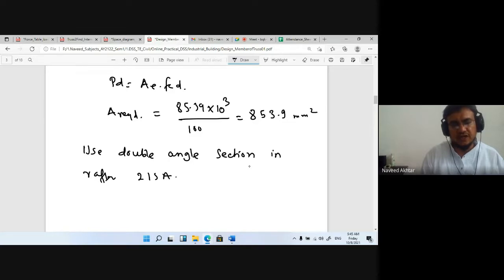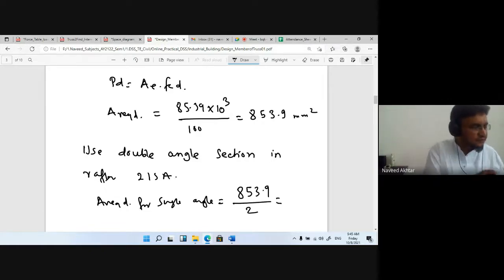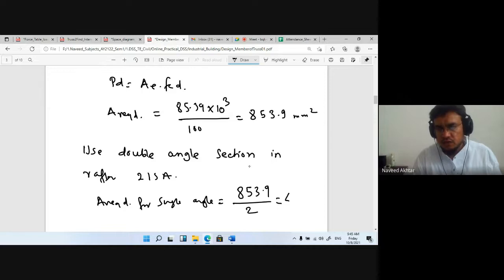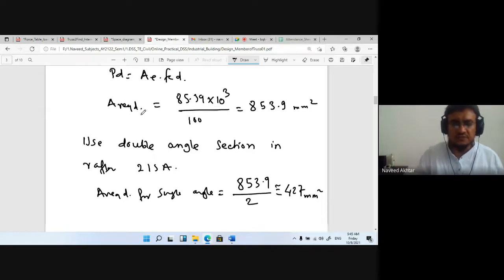The area required for single angle is equal to 853.9 divided by 2. Okay? Divided by 2, 426.95. I will round up to 427 mm square.